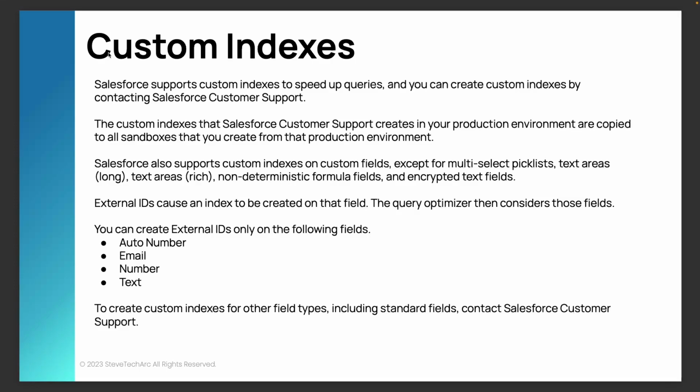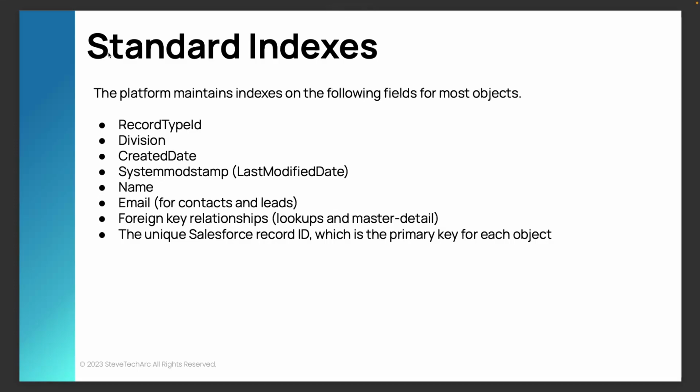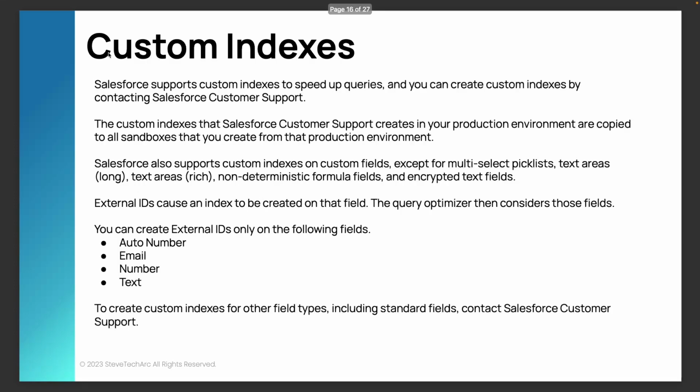So you can have a standard index or a custom index, which will allow the query optimizer, which I described as the librarian, to be able to utilize the index. And the query optimizer will choose whether it sees what you're asking for as a standard index or custom index, but it also needs to see the way you're asking for it.